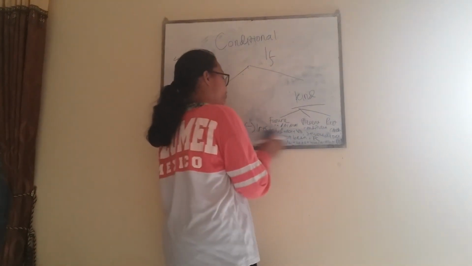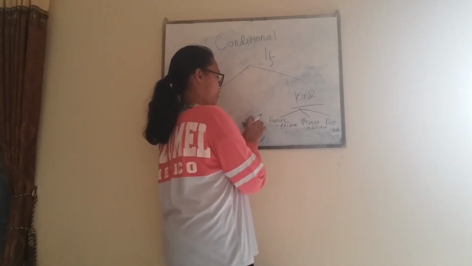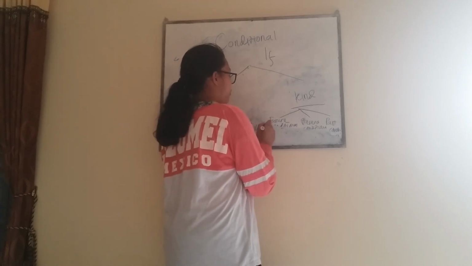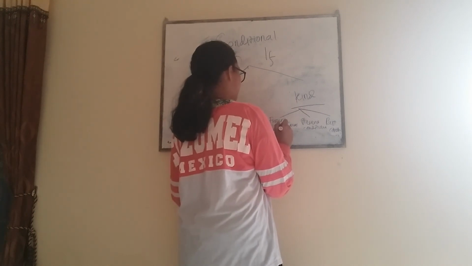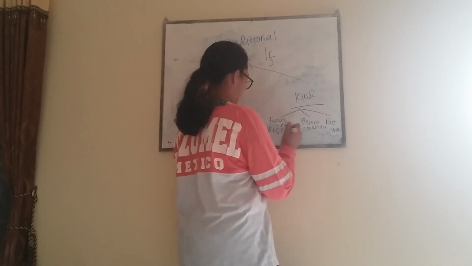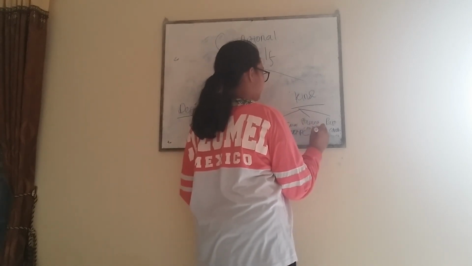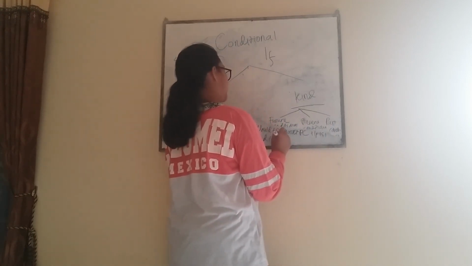And now we go to the interrogative pattern. The interrogative pattern is would plus subject plus have plus been plus predicate complement plus if plus subject plus had plus verb 3.